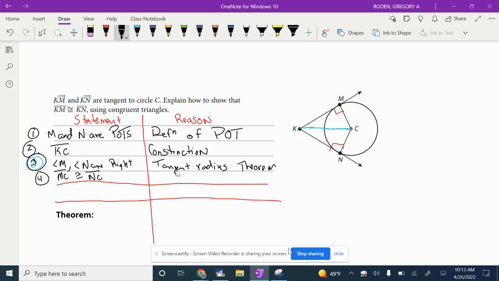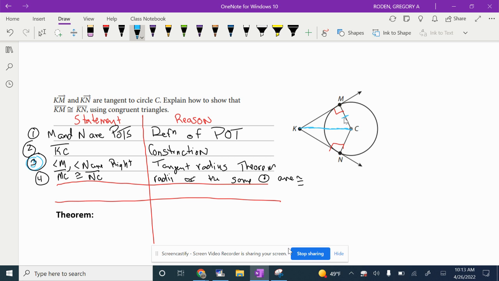Radii of the same circle are congruent. You guys agree with that? So radii of the same circle, there's my symbol for circle, circle with the dot in, are congruent. Do we all agree that radii of the same circle are congruent? That's kind of the definition of a circle, right? All its radii are congruent.